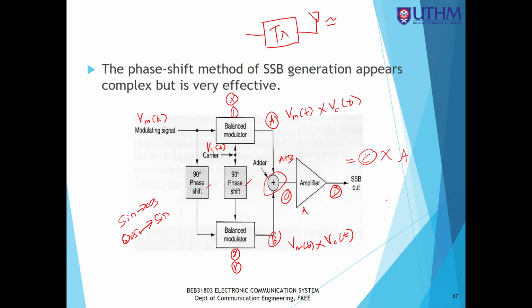From here you can draw the frequency spectrum and find the bandwidth. The bandwidth is equal to Hm, and you can find the total power, which in this example is PLSB. This is VLSB, so you get VLSB squared divided by 2R, and you will get the answer in terms of watts.